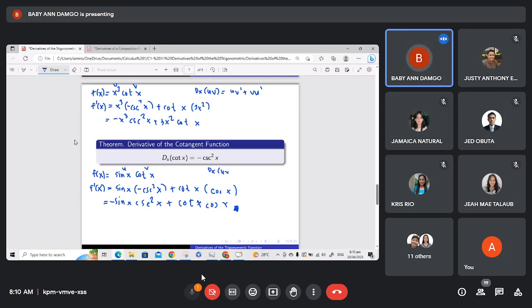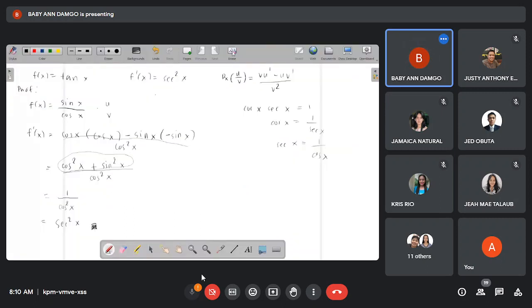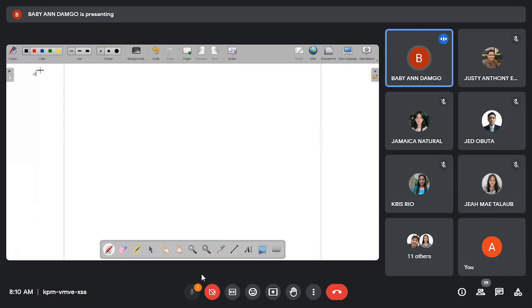Okay, so ato na sa ning i-prove. So, if you have f of x equal to cotangent x, so ang derivative niya is minus cosecant squared x.